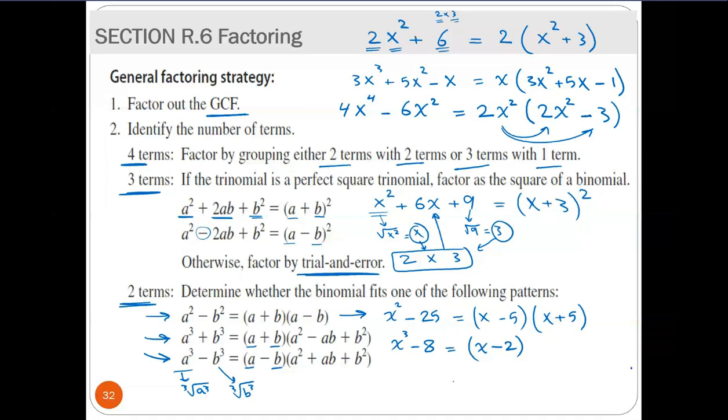So the cube root of x to the power 3 is x, and of 8 equals what? 2. So put x minus 2. The second bracket: the first squared, x squared, plus 2 multiplied by x, this means a multiplied by b, so 2x, plus 4, this is 2 squared, like this.